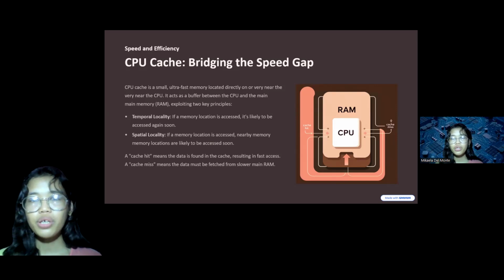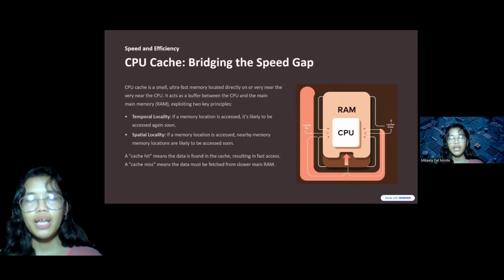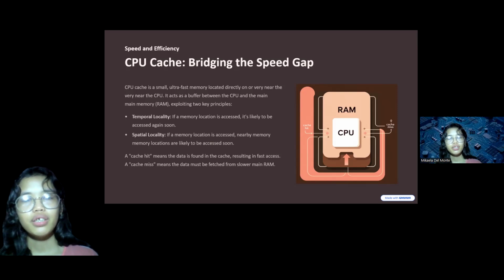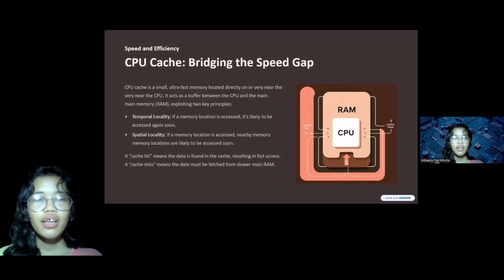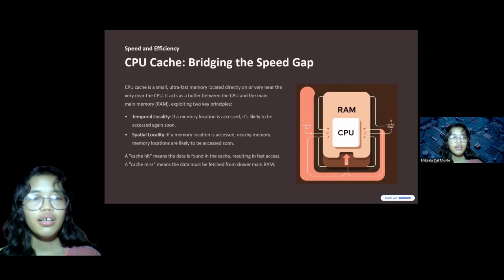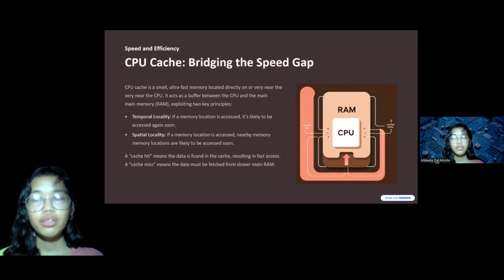We have two types: temporal locality and spatial locality. Temporal means data that is accessed and stored will be accessed again soon, and spatial means that when data is accessed now, nearby memory locations are likely to be accessed too.